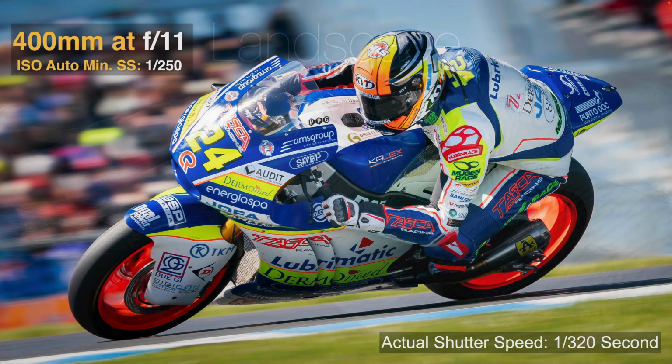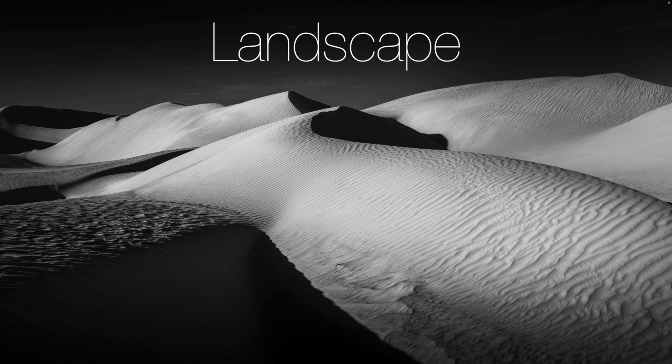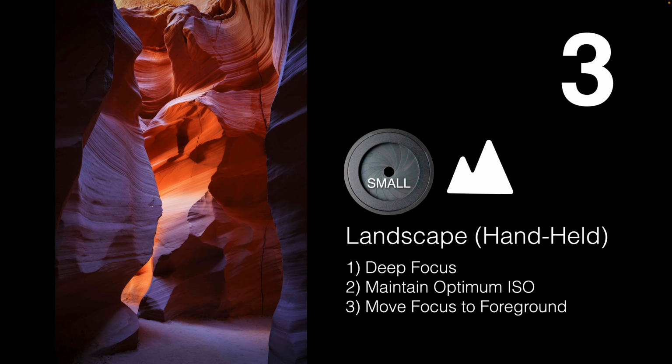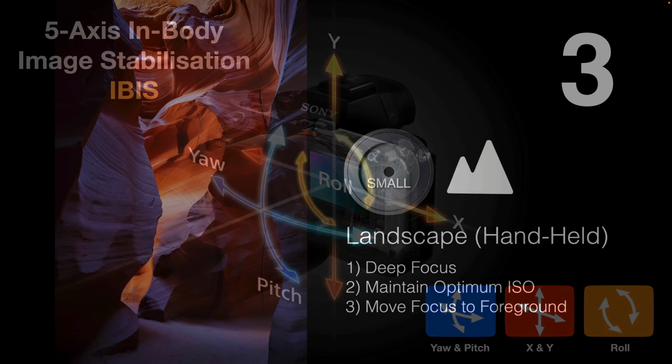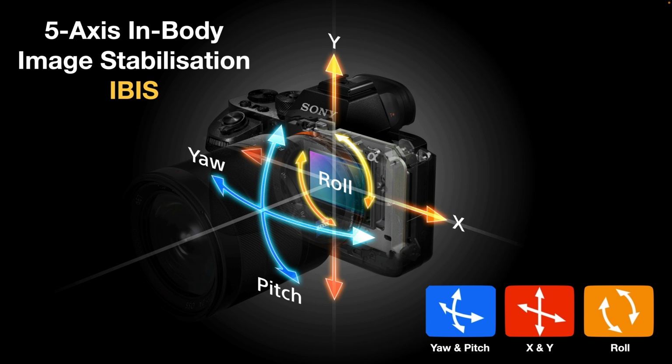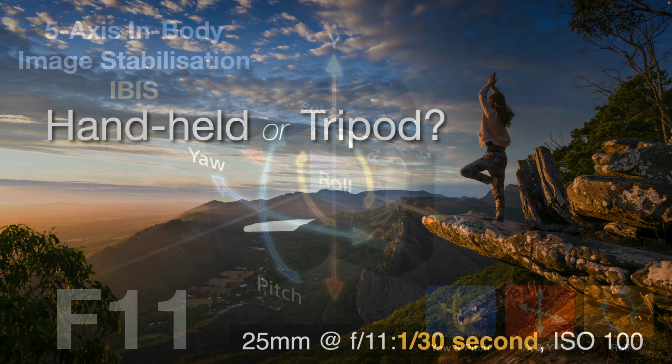Let's revisit the landscape settings where I'm prioritizing deep focus with a small aperture. I'm maintaining the optimum ISO for maximum dynamic range, and again I'm moving focus to the foreground to maximize my depth of field. Now my settings are set up for handheld landscapes because for 90%, 95% of the time my landscape photographs are shot handheld, so I am relying on the in-body image stabilization of the cameras.